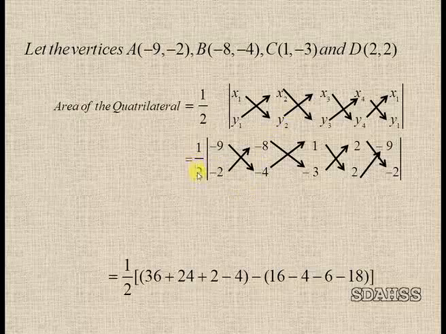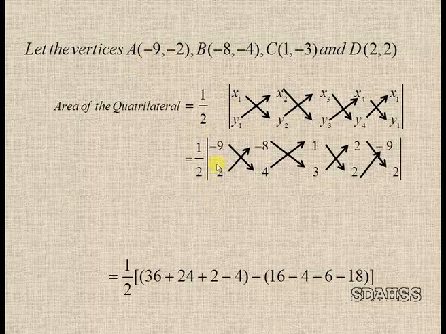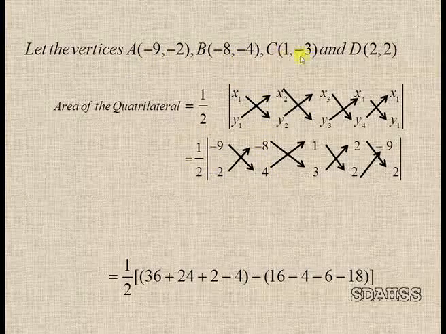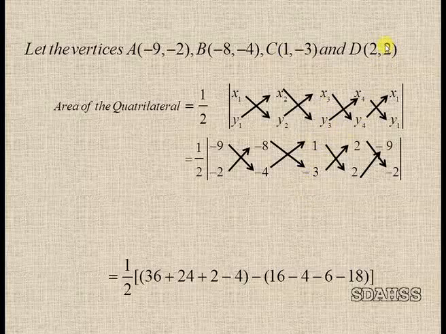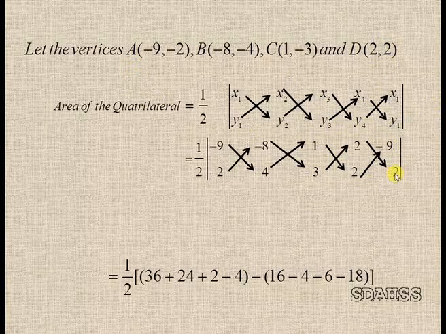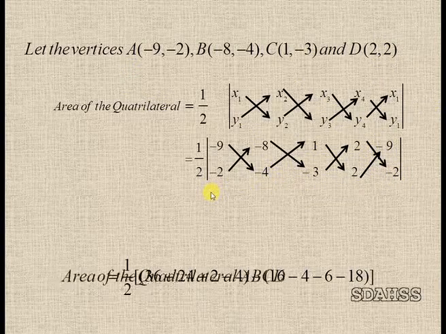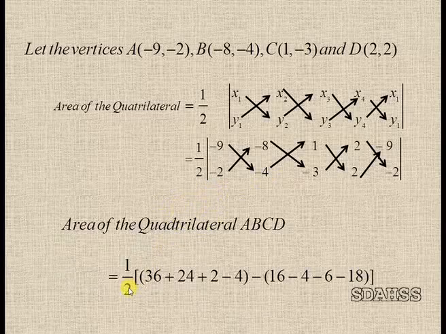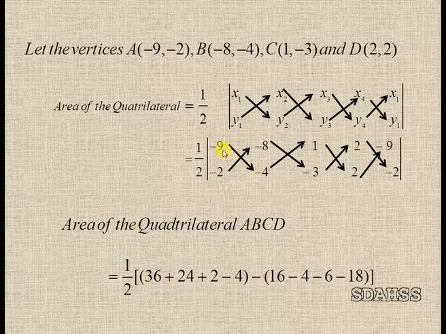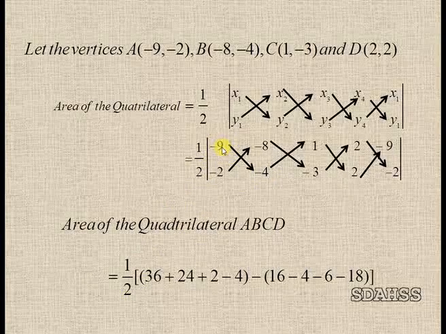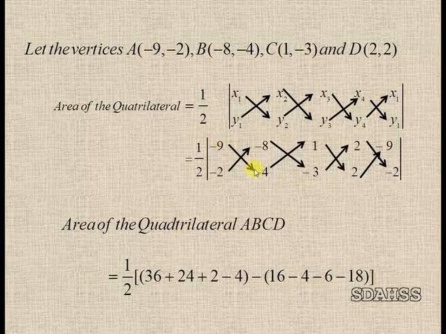So half into (-9, -2), (-8, -4), (1, -3), (2, 2), (-9, -2). Just substitute all the values in the formula. Then multiply, cross multiply.